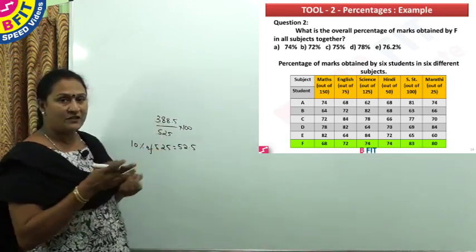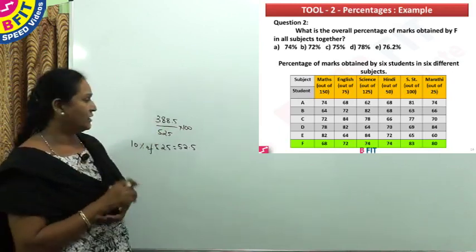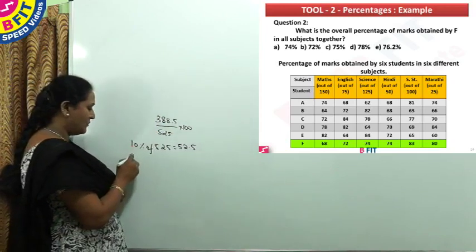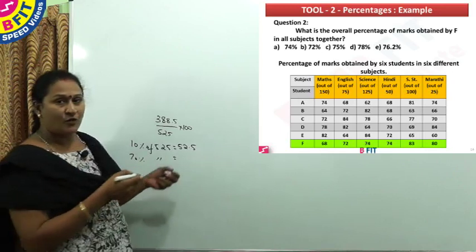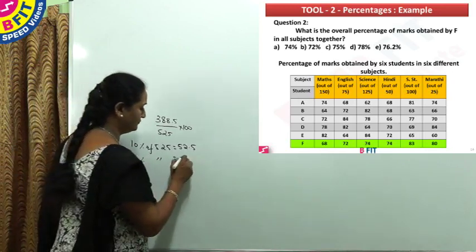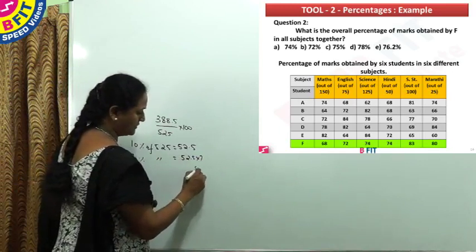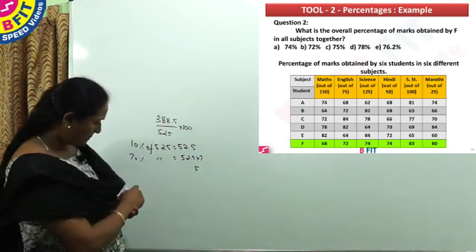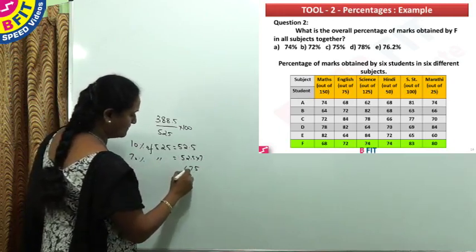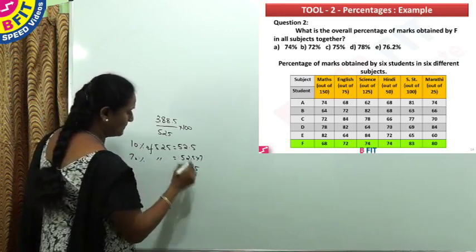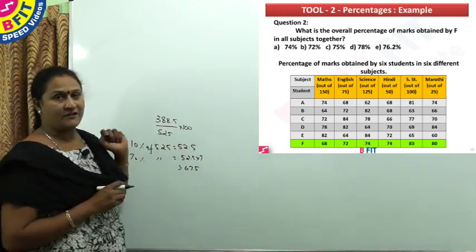So 5 into 7 will give you 35, so we'll multiply on either side with 7. So 70% is 52.5 into 7. What is the value? It is 367.5. So we have more than 70%.